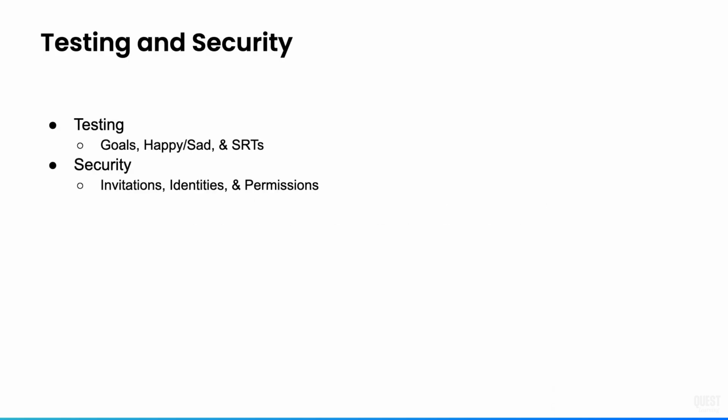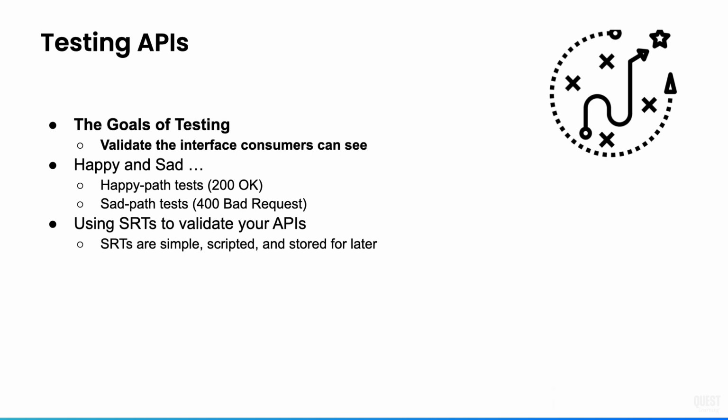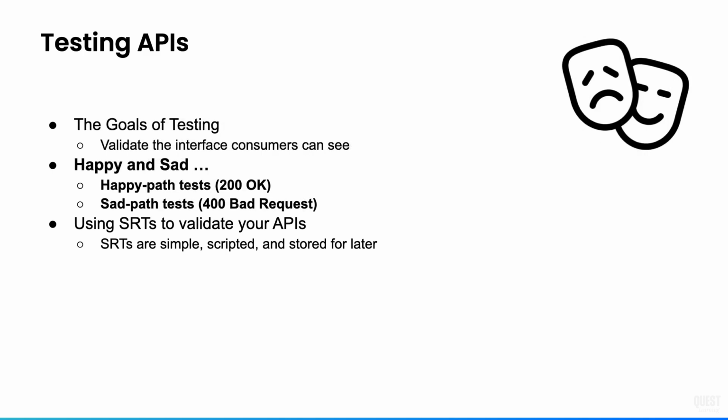We also talked about the importance of testing and security. In the testing side, we focused on goals, the happy and sad rule, and SRTs. Remember, the goal of testing is to validate the interface consumers can see. It's the interface that we're testing, not the internal functionality. That's being tested somewhere else. Also, we had this notion of happy and sad path tests. Happy path tests test the 200 OK conditions.